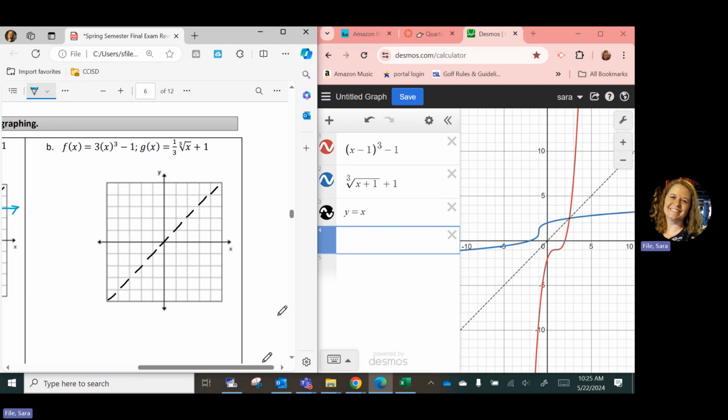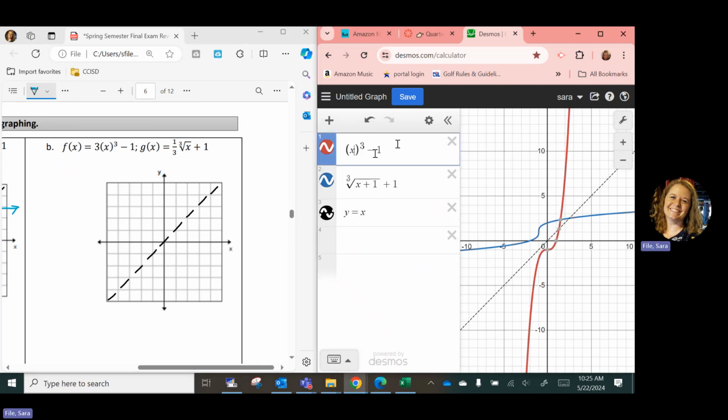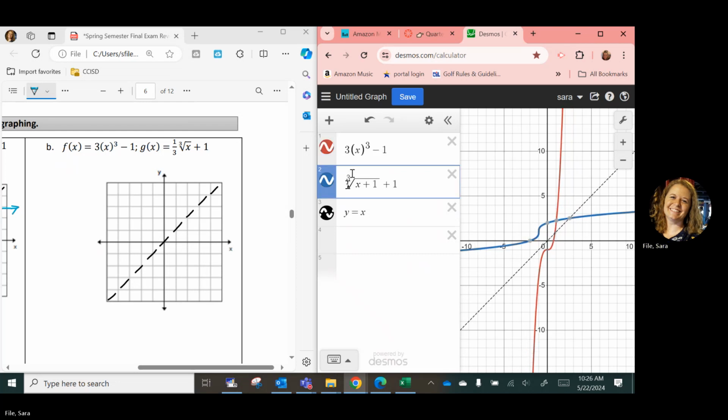Okay, let's try that over here. So if I were to graph this one, 3 times x cubed minus 1, and then 1/3 times the cube root of x plus 1.